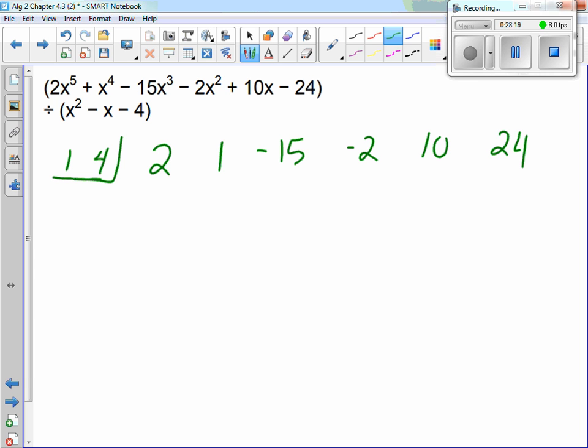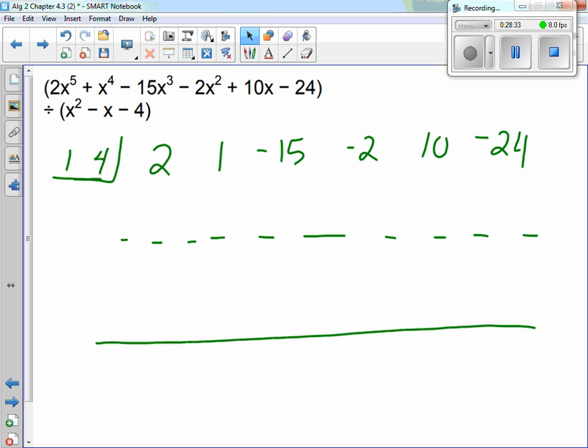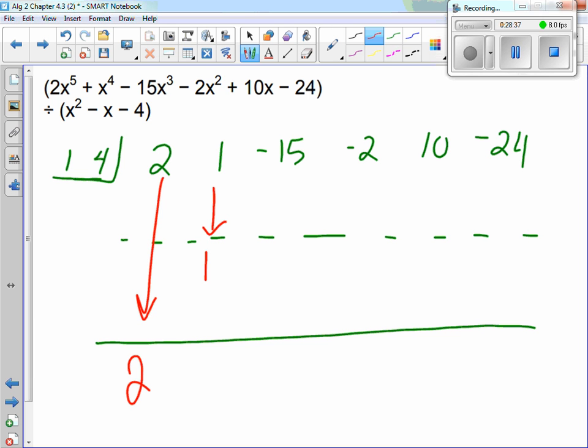So this is just like we had, except for now I have 2 numbers inside the box instead of 1. We would actually have 2 lines. This would drop all the way down here. This would come here. And we end up doing 1 times 2 here.